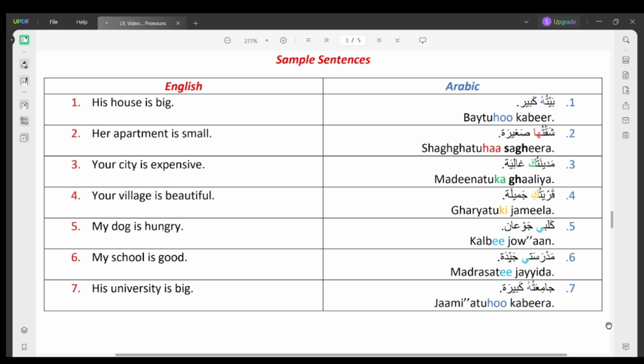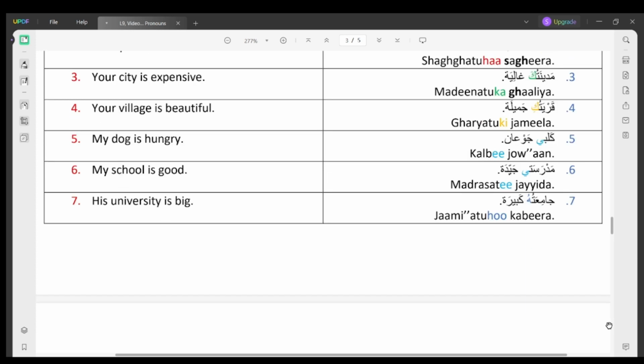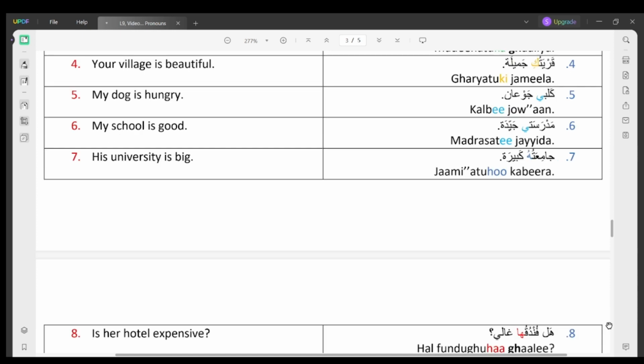Number 5. My dog is hungry. Number 6. My school is good. Number 7. His university is big.